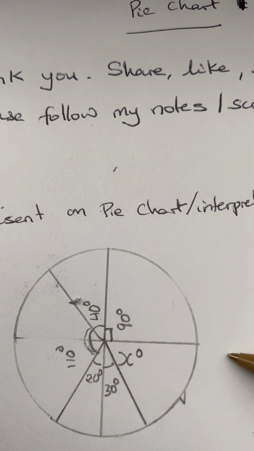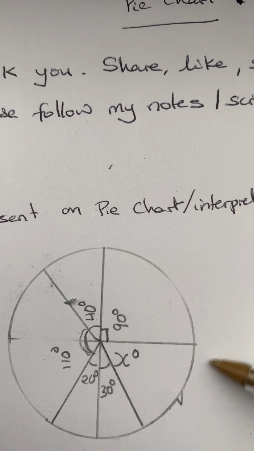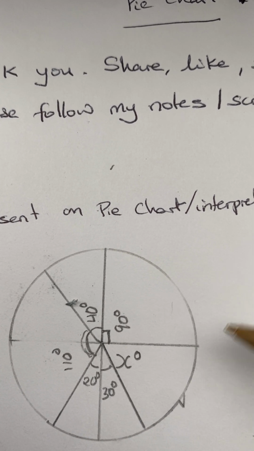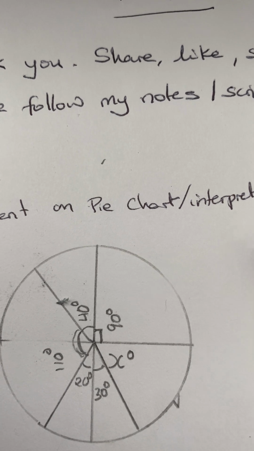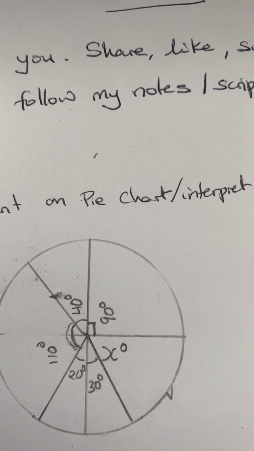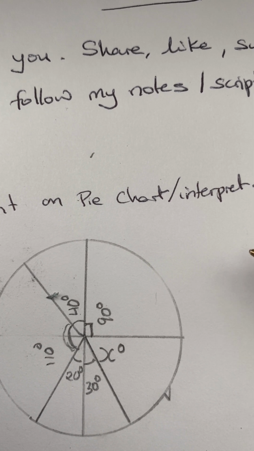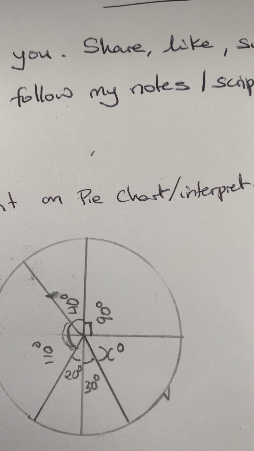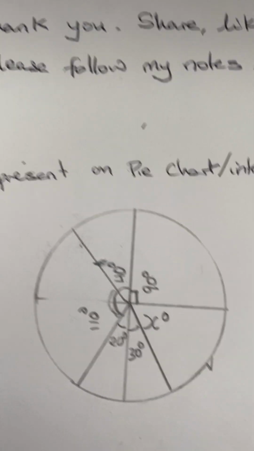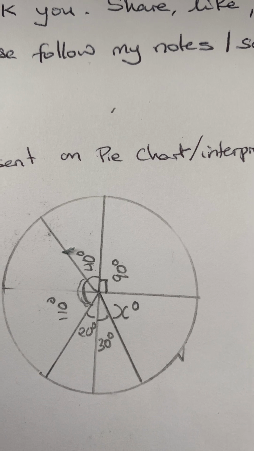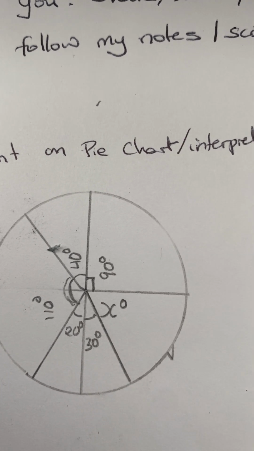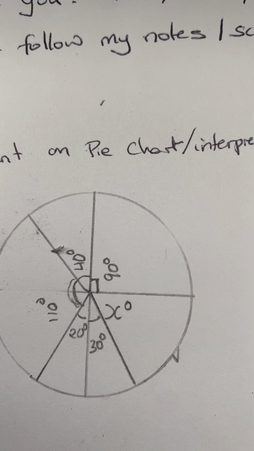If you've not watched yesterday's lesson, quickly go and watch it. Yesterday's lesson is a continuation of today. Now today I'm going to show you one pie chart, but there is a lot to it.